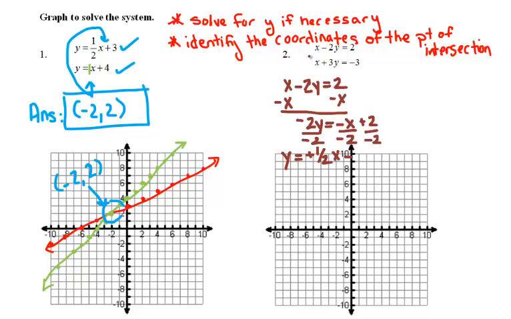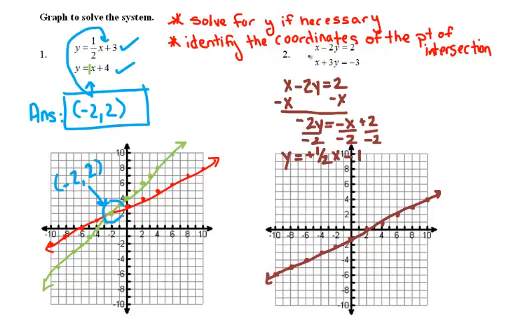I'm going to graph that by starting at the y-intercept of -1, and from there counting up 1 and to the right 2, and then reversing that by going down 1 and to the left 2. And I'm going to connect these points with as straight a line as possible.